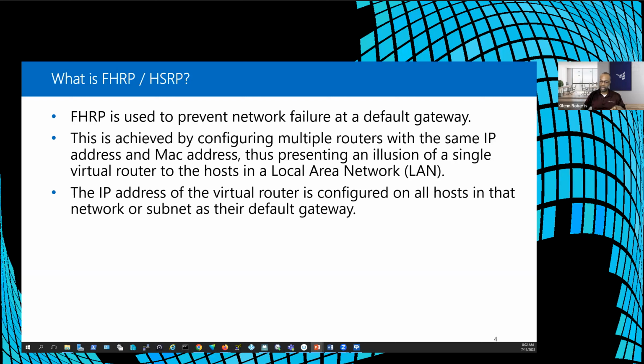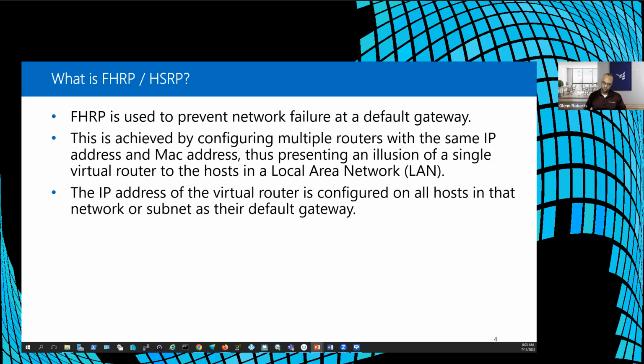The address of that virtual router, whatever the VIP happens to be, is primarily going to be configured on all of the hosts, meaning you'll set up DHCP to hand out these addresses. DHCP will hand out the virtual IP, and that way the clients know what to use for the default gateway.